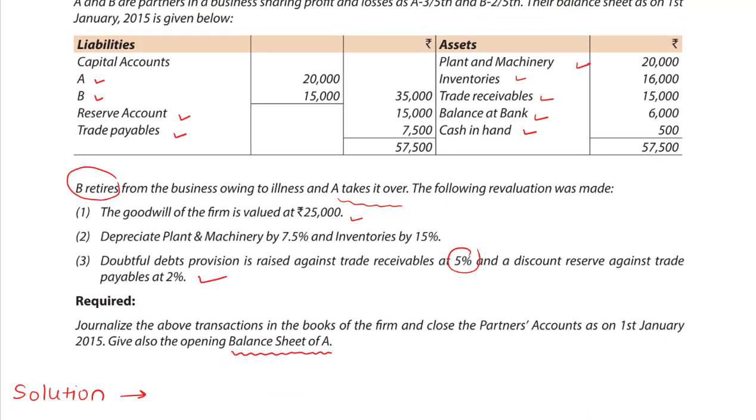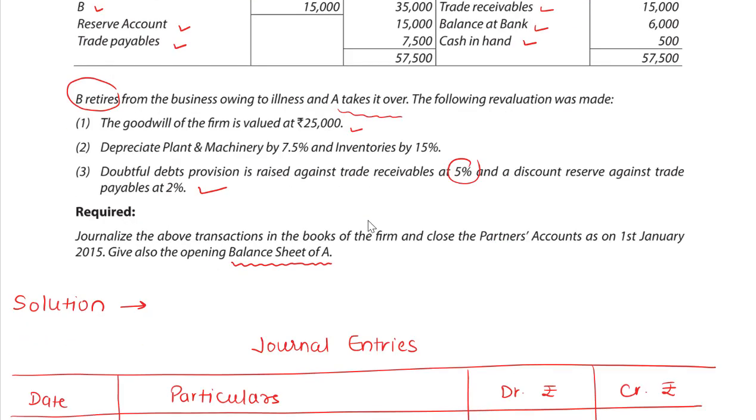The goodwill of the firm is valued at 25,000. On B's retirement, we need to adjust goodwill. So this goodwill is 25,000 and B's share in the firm was 2 by 5.